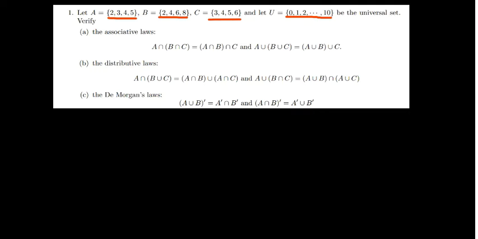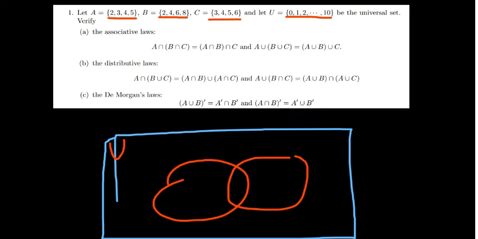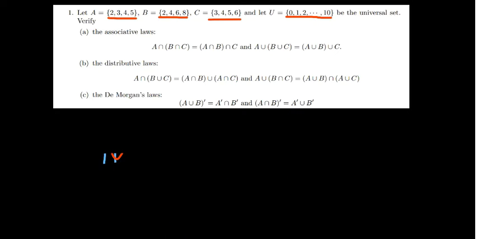This is a Venn diagram representation of it. This box is called the universal set, and everything else inside denotes the other sets.